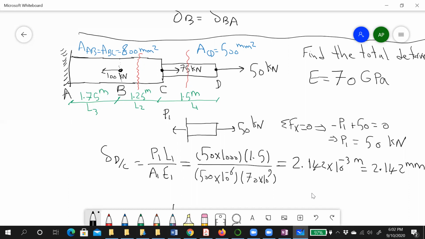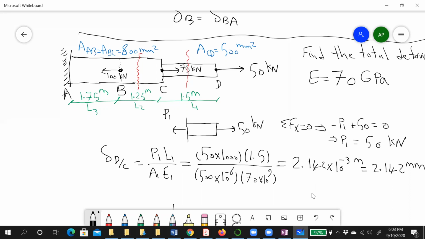For example, here we should find the internal forces in each segment, right? It doesn't matter whether we have a support here or there. Just go segment by segment.